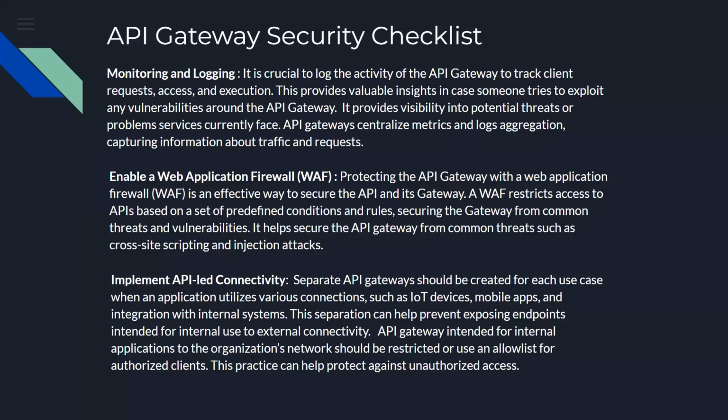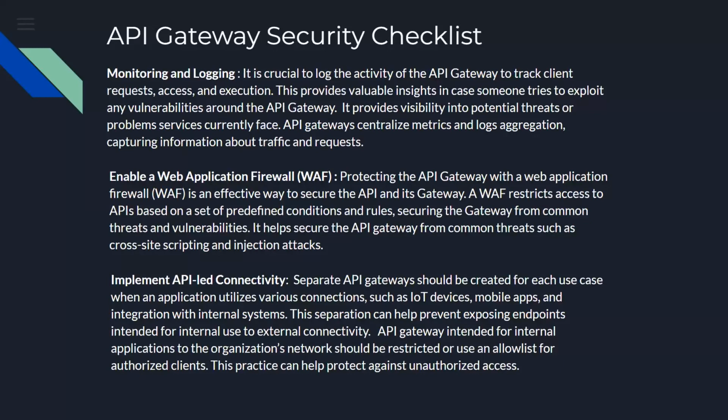This provides valuable insight in case someone tries to exploit any vulnerabilities around the API gateway. It provides visibility into potential threats or problems. An API gateway centralizes metrics and log aggregation, capturing information about traffic and requests. Enable web application firewall.